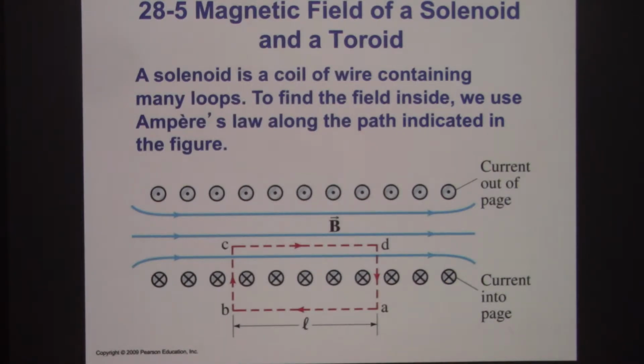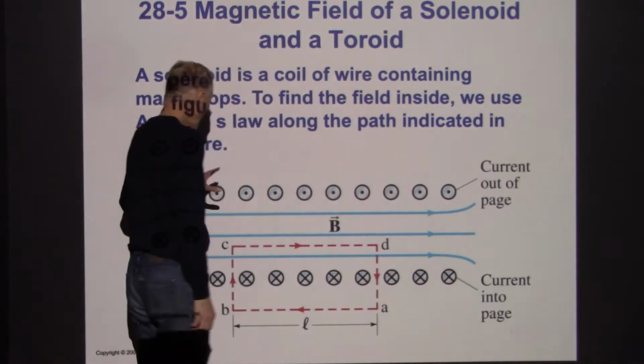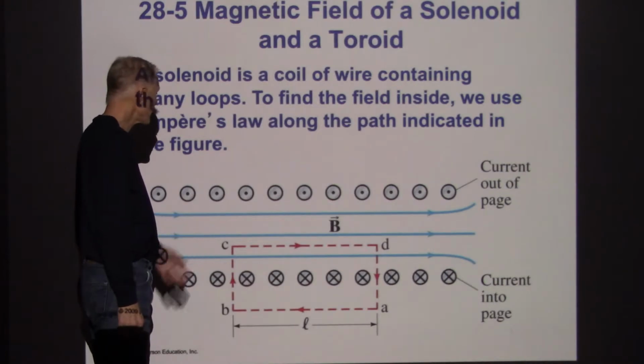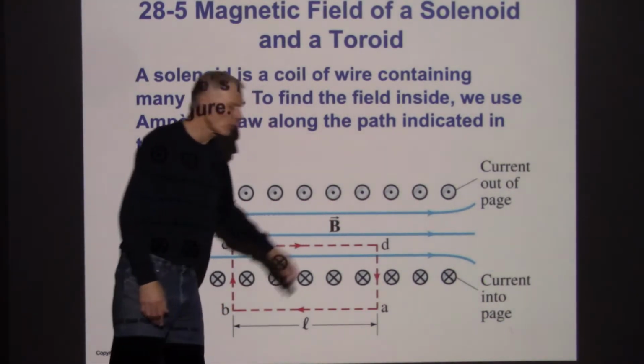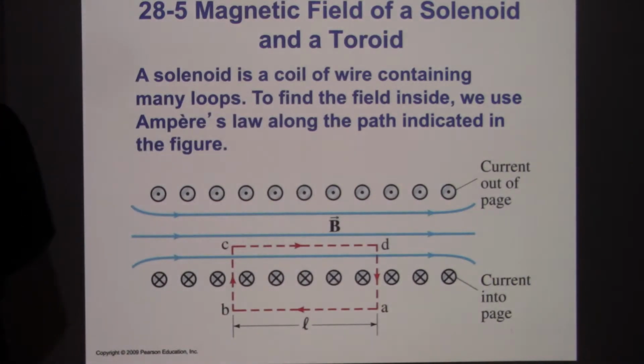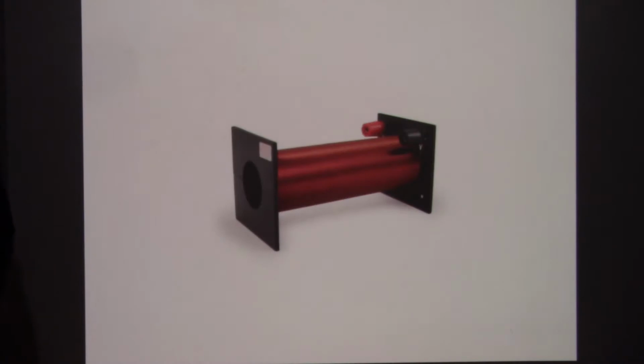Now that's not completely reasonable, but the formulas that we derive are going to give us a reasonably good measurement or prediction as to what the magnetic field would be in the central region. So if we go back and look at this solenoid, as we approach the ends, the magnetic field is already dropping off. But if we stick around the central region of the solenoid, the formulas that we come up with are going to work pretty well.